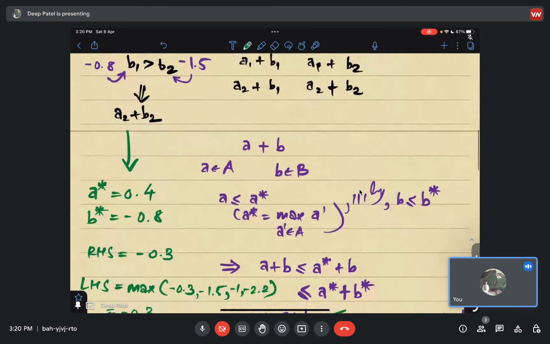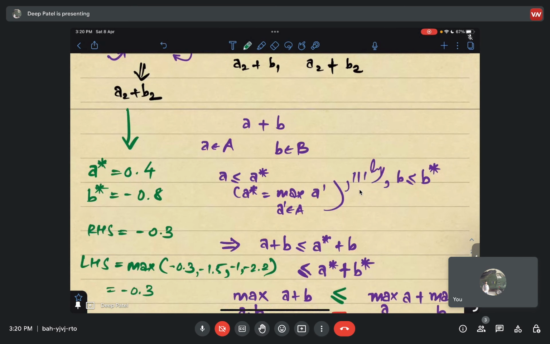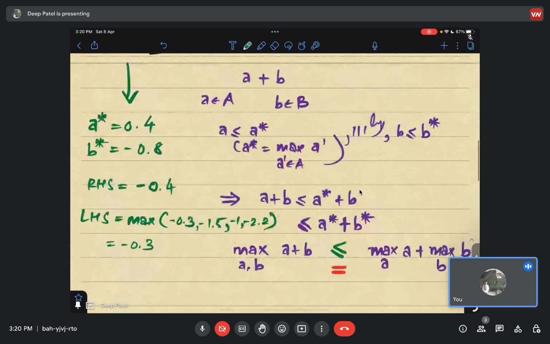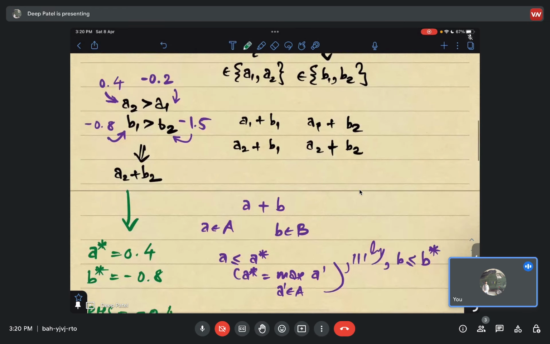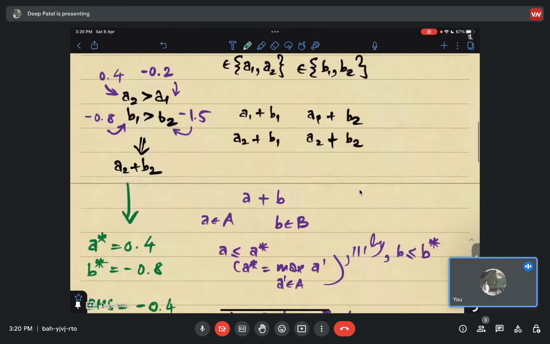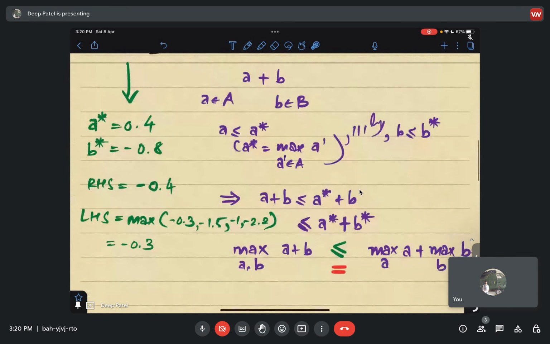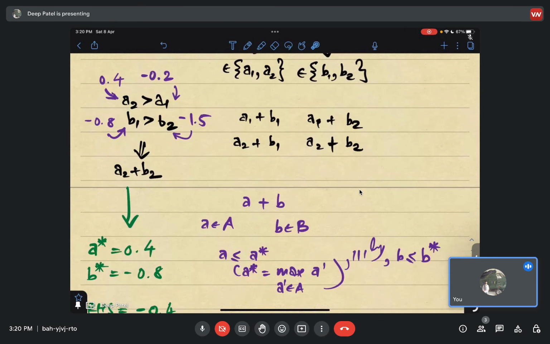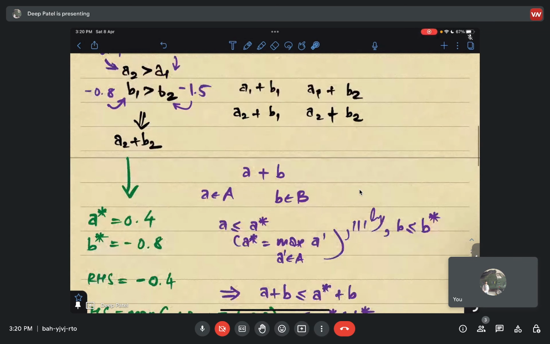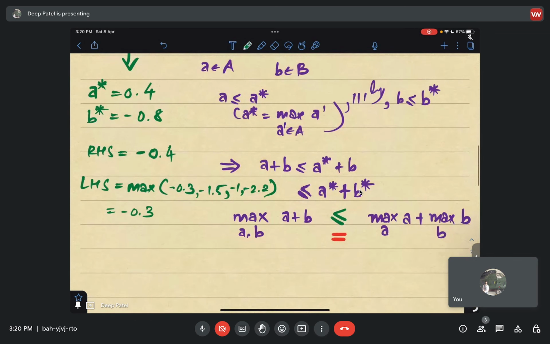What about the LHS? The first term will be minus 0.4, and this with this gives minus 1.1. Okay, this won't work, I think.